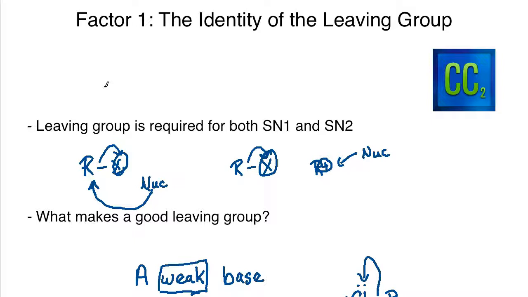So what you would suggest in one of your answers, if they say that, let's say that they have a bromide there, right, as the leaving group, and they say, how could you improve the rate of this reaction? There's a couple different ways that you could do it, but one of the ways is by getting a better leaving group. Okay, now again, unless you have tosylate or something like that, it may become more difficult at that point, but that's always an option on your table. So that's going to conclude the factor 1, which is identity of the leaving group.